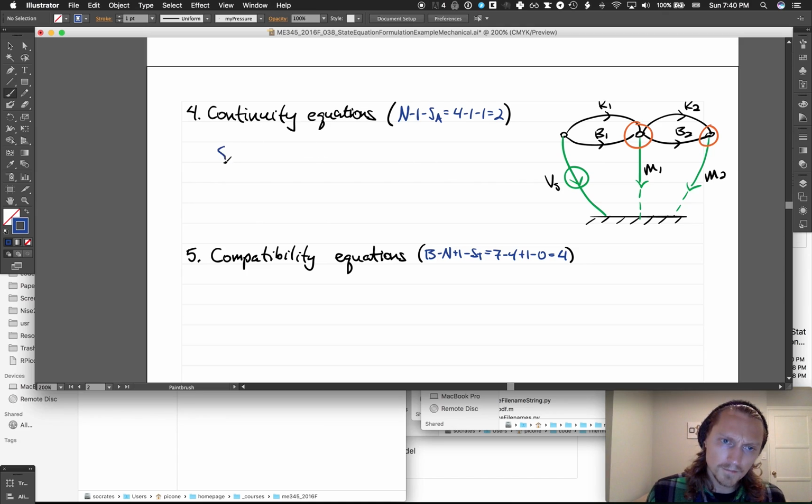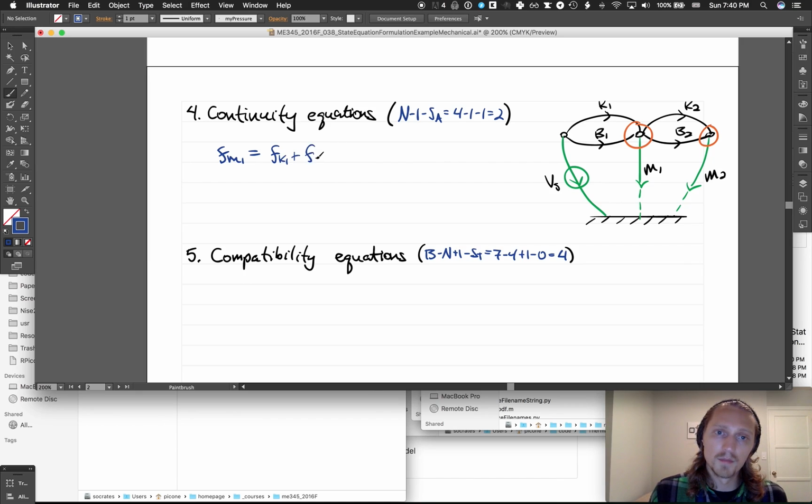So Fm1 equals, so that's the through variable through this branch, equals Fk1 plus Fb1 minus Fk2 minus Fb2.